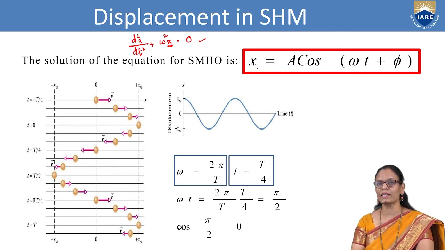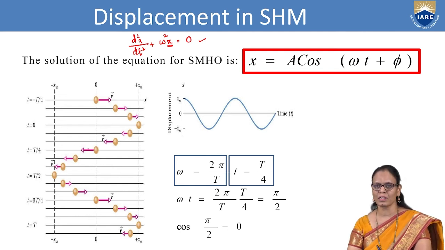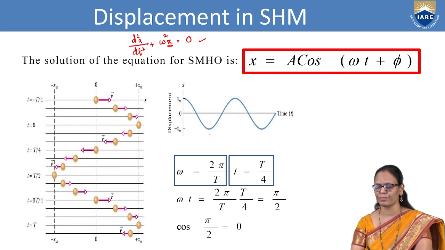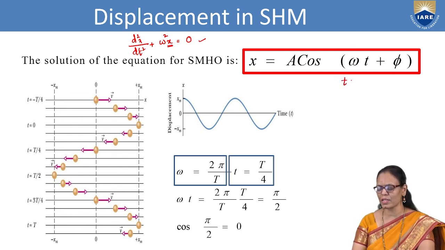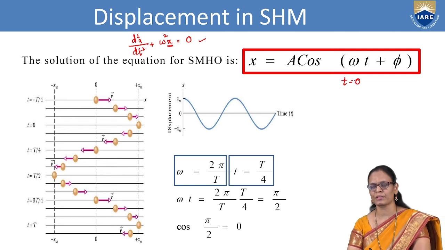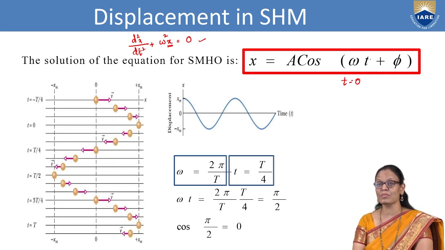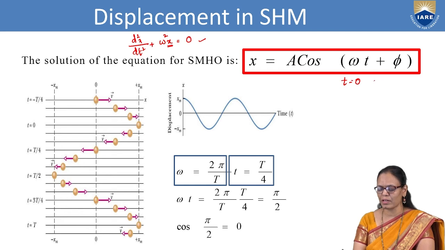If you know the displacement, you can plot the graph or the curve. Now let us see, at t is equal to 0, what will be the displacement? When I put t is equal to 0 here, omega t is 0 and cos 0 is equal to 1. So I can write x is equal to a.